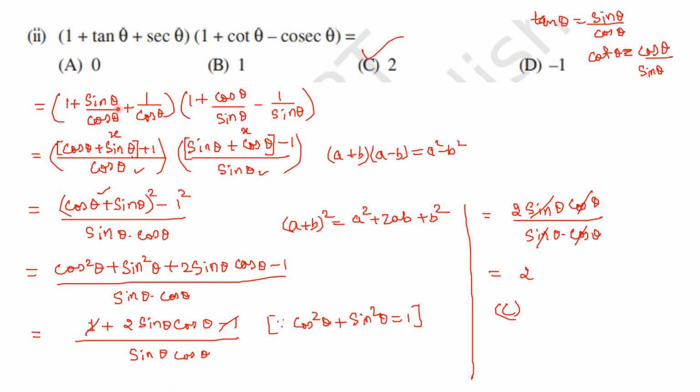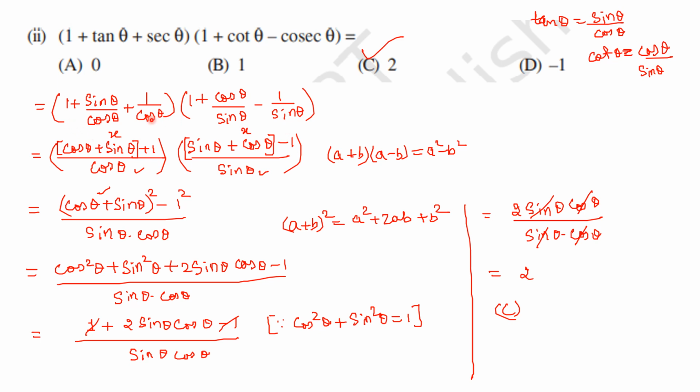I am going to just revise it one more time. First of all, you should remember tan theta is sin theta by cos theta, cot theta is cos theta by sin theta. Now I am expressing everything, tan, sec, cot and cosec, in terms of sin and cos. So now it is 1 plus sin theta by cos theta, and sec theta is 1 by cos theta. Then 1 plus cot theta is cos theta by sin theta, minus cosec theta is 1 by sin theta.